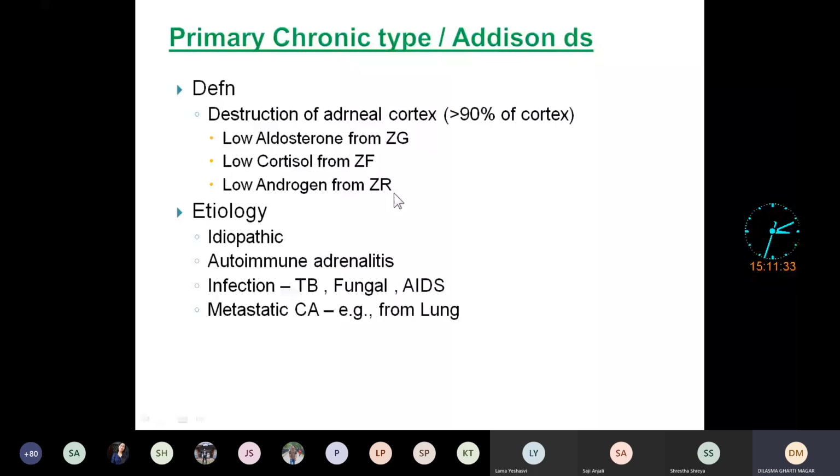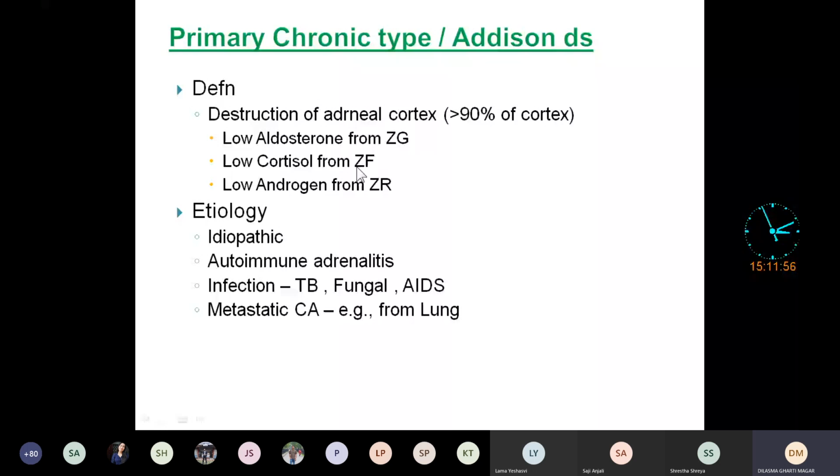Whenever the adrenal cortex damage or destruction is more than 90%, it will lead to low levels of aldosterone, cortisol, and androgen.